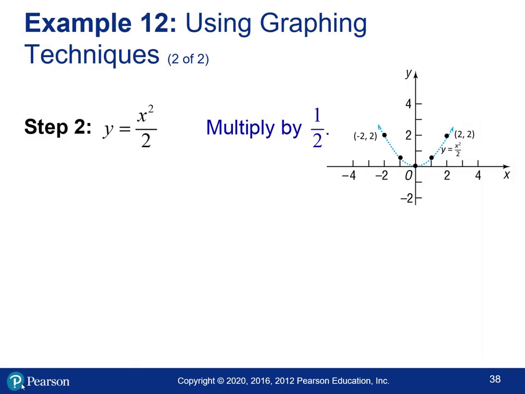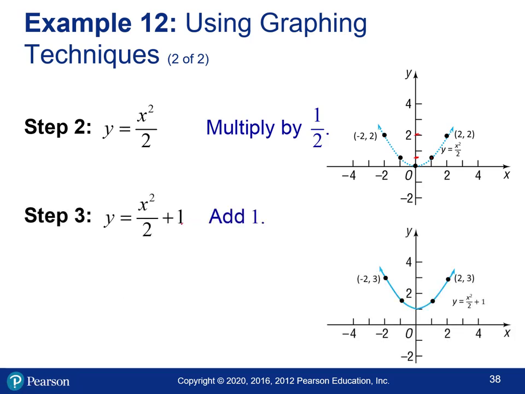Then we're going to take all of those y values and cut them in half, or multiply them by 1/2. What was (2, 4) is now (2, 2), the y value got divided in half. What was (1, 1) is now (1, 1/2). It's half as tall, and we do that for all the y values.